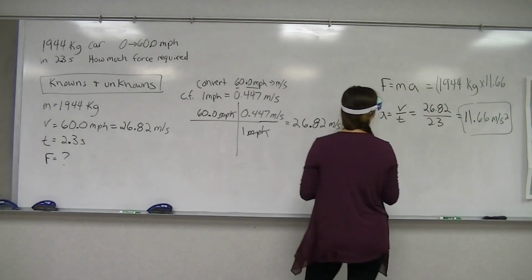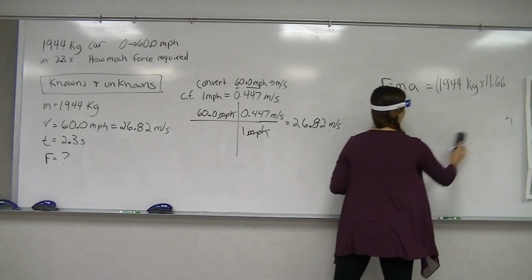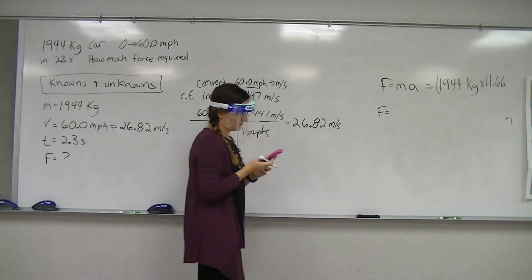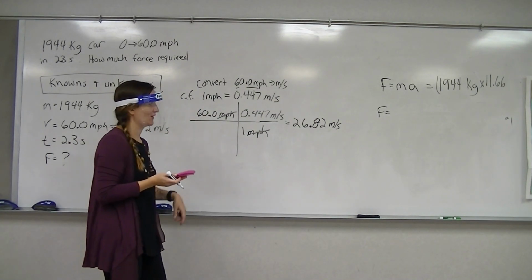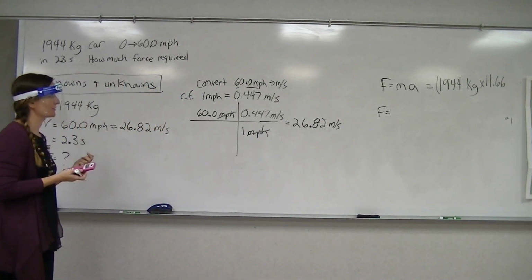I'll erase this so I can put the answer right underneath. I get 22,668.73 and a whole bunch of other numbers. So I'm going to write all those numbers down because I want to look at the significant figures.